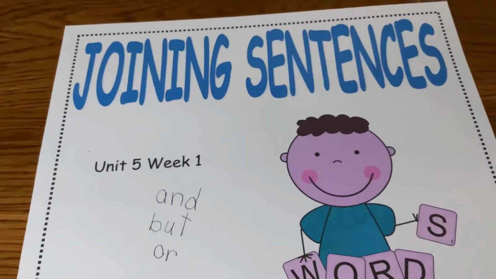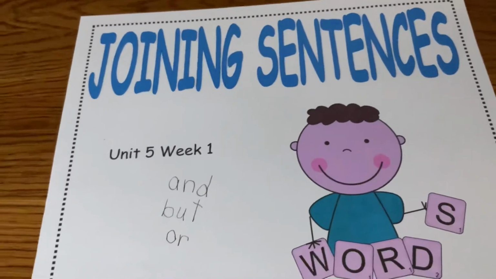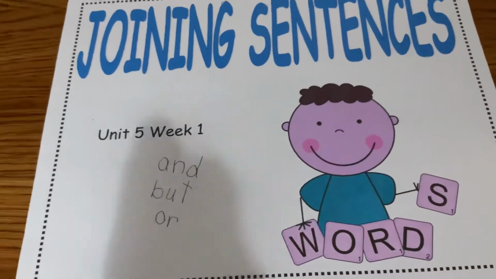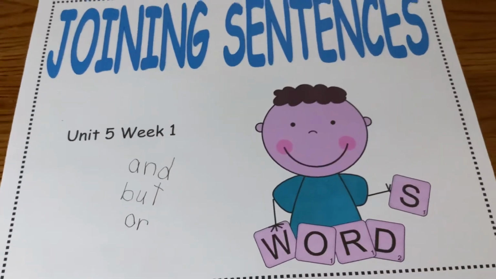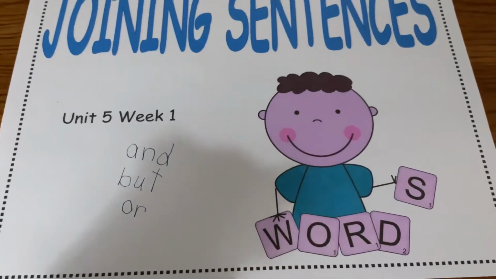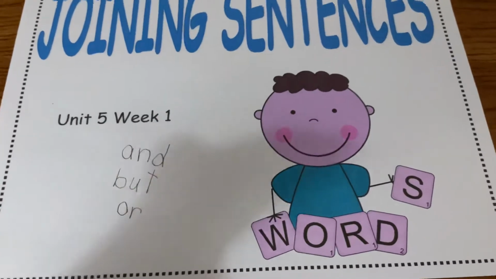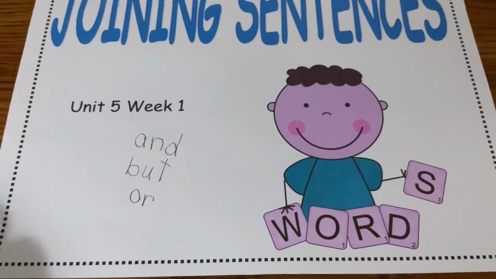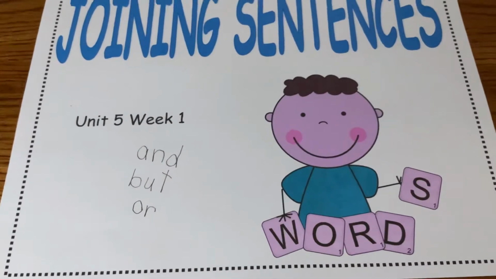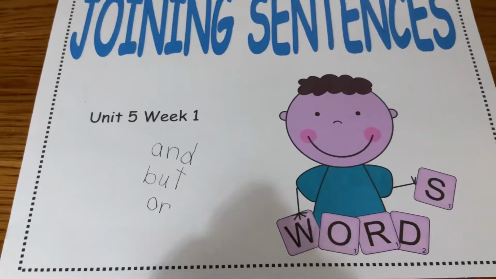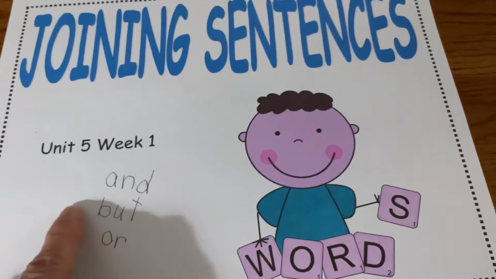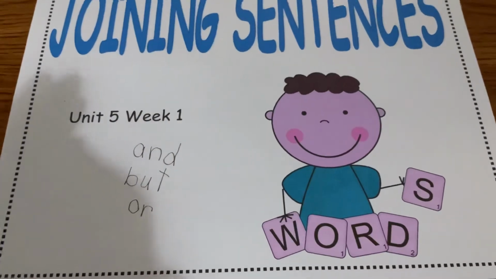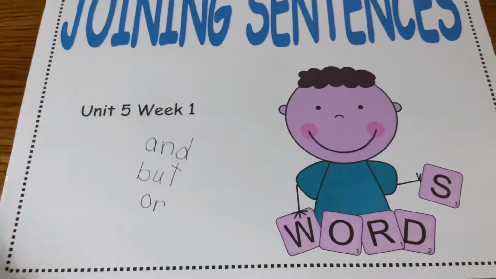Okay, we might go to the mall or we might go to the movies. We might go outside or we might stay inside. It might rain or it might snow. Okay, so those are three words that we can use to put two sentences together where we only have one capital and one punctuation mark at the end.